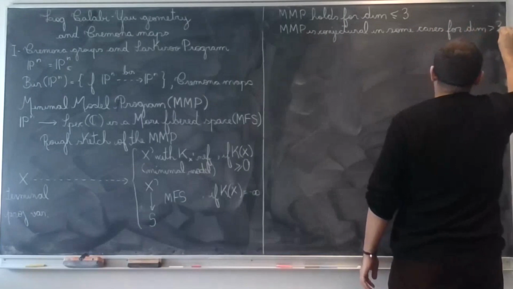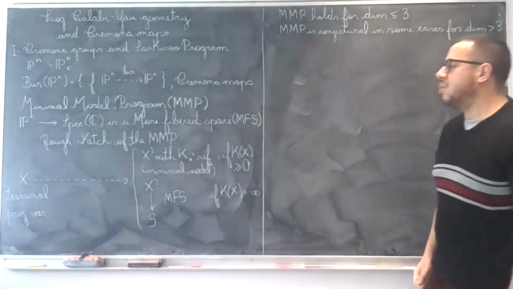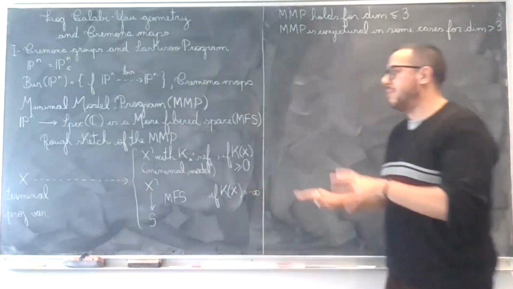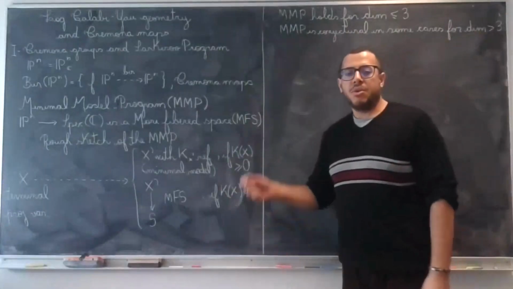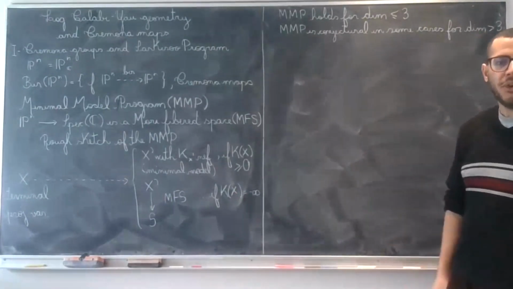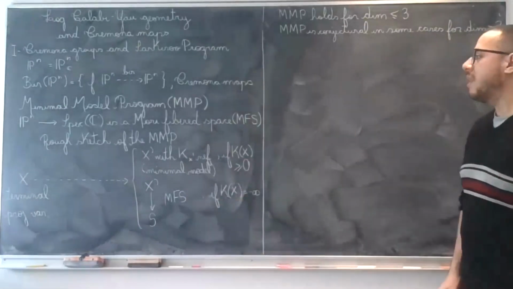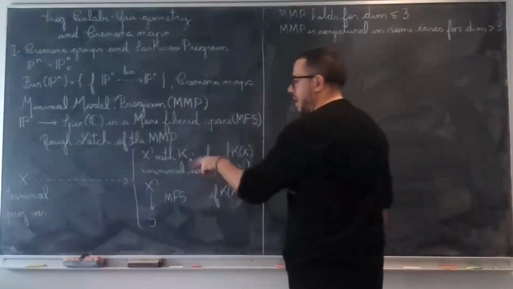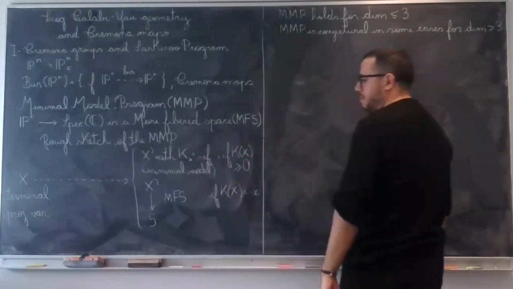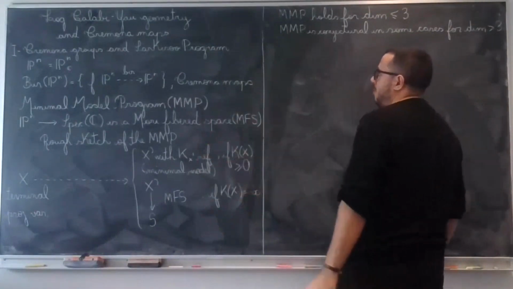So this program is not complete yet. Just to let you know the importance of the MMP, Kollár and Mori got the Fields Medal for their contributions to this program in higher dimension. Now we saw that we have two different outputs of the MMP: a variety X prime with canonical class nef, or a Mori fiber space.